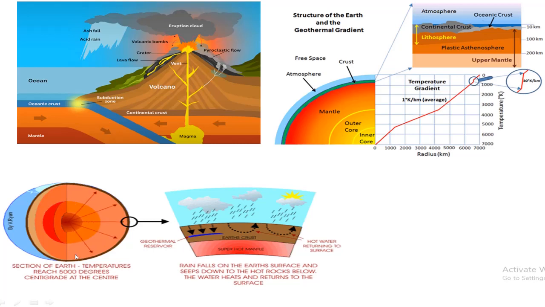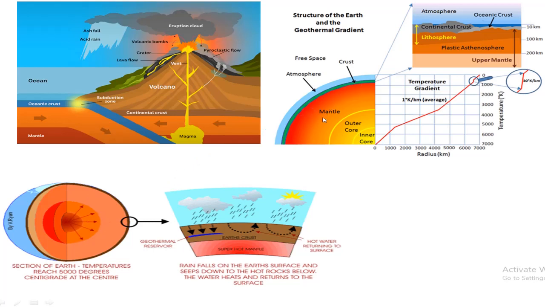But when there is a volcanic eruption, when magma erupts, we feel much more temperature. In this graph we see that there is a temperature variation of near about 30 degrees Kelvin per kilometer. So when we see our earth, first it is the earth crust.